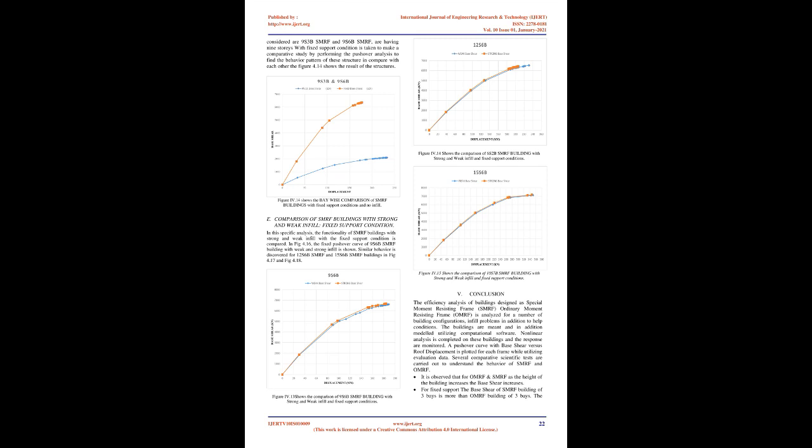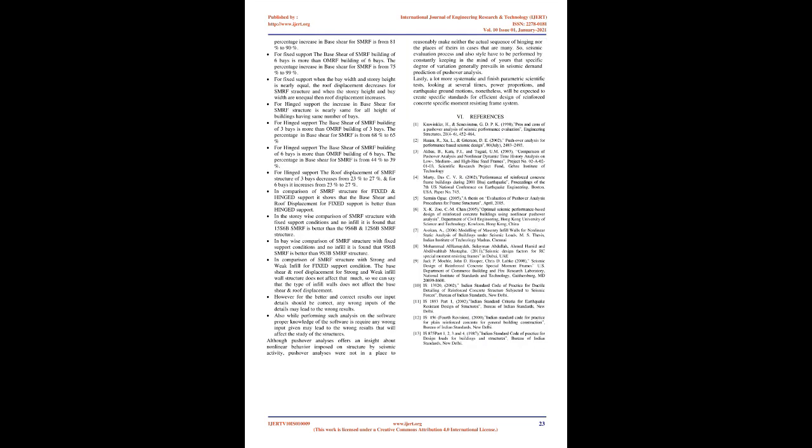For hinged support, the base shear of SMRF building of 6 bays is more than OMRF building of 6 bays. The percentage in base shear for SMRF is from 44% to 39%. For hinged support, the roof displacement of SMRF structure of 3 bays decreases from 23% to 27%, and for 6 bays it increases from 23% to 27%.